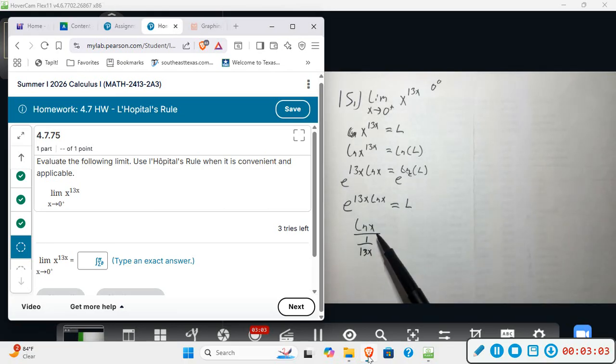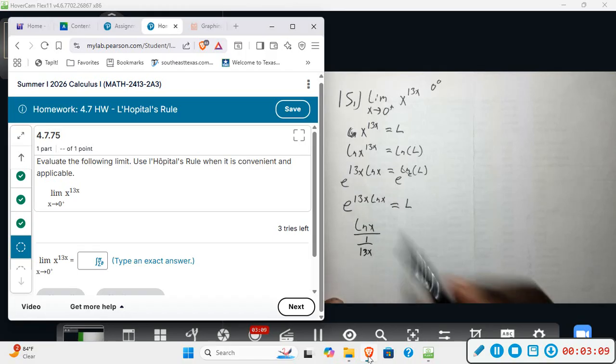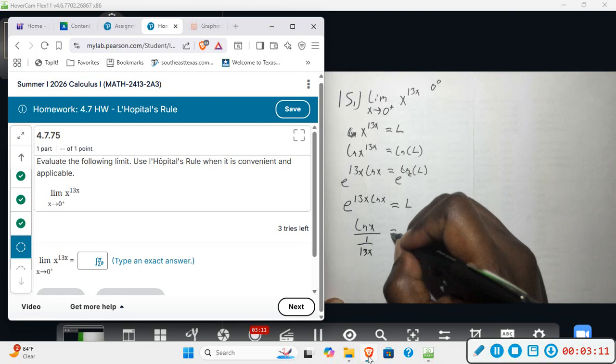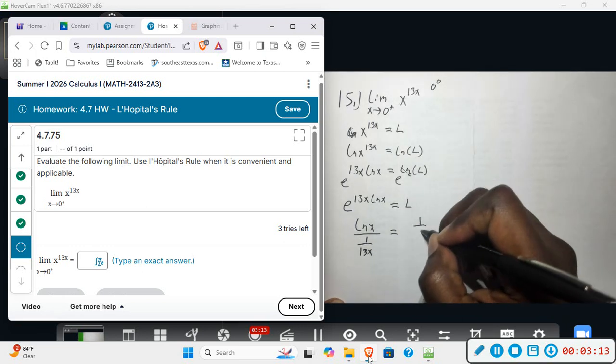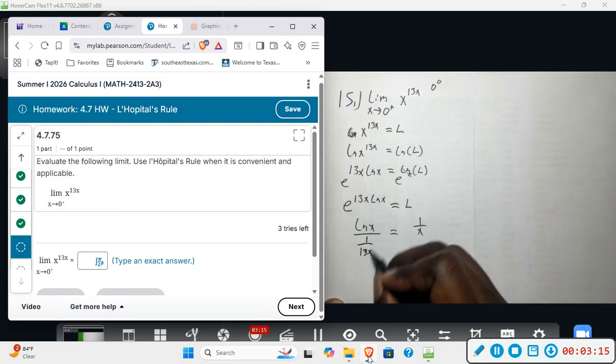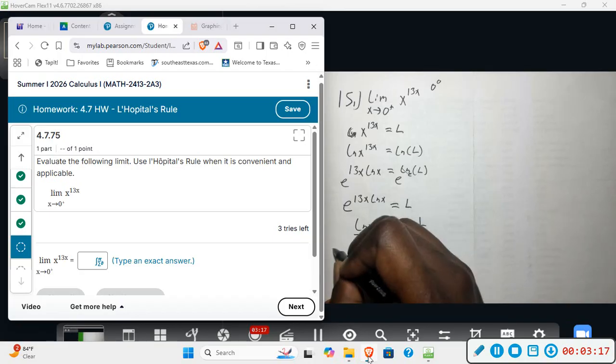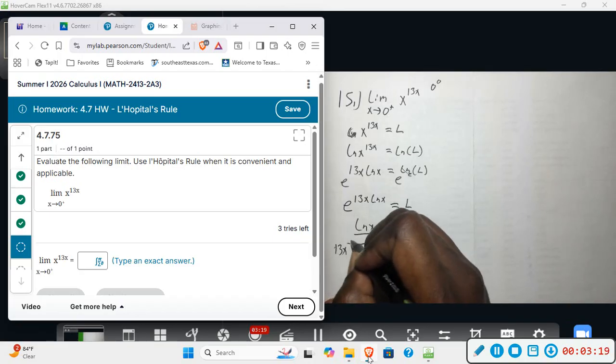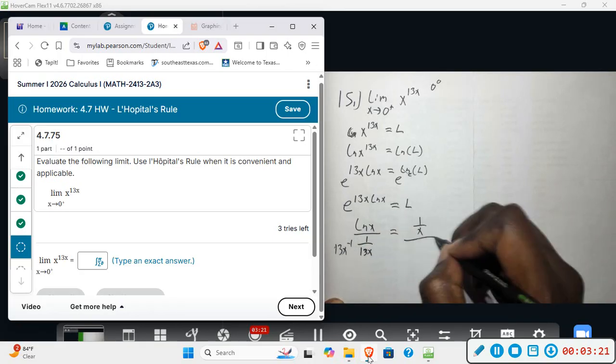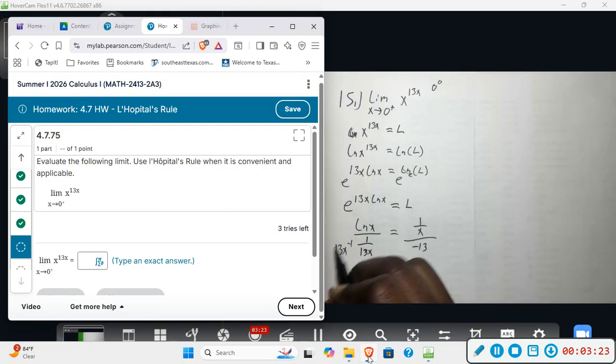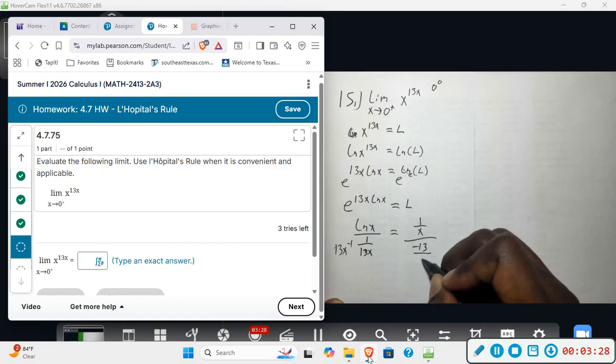So this gives me infinity over infinity form, and then I can take the derivative. If I take the derivative of natural log, that will give me 1 over x. Derivative of 1 over 13x, think about it as 13x to the negative 1. So I'll get a negative 13 times 1, and then minus 1 will give me squared. So this will be over x squared.